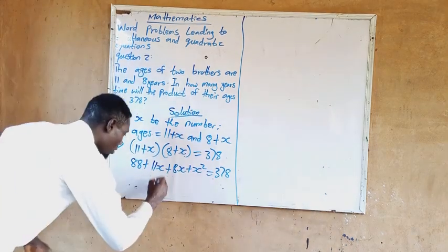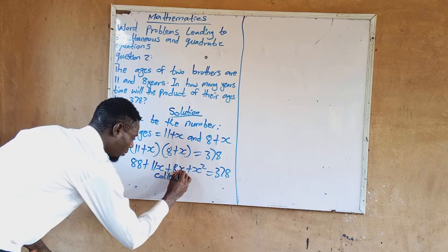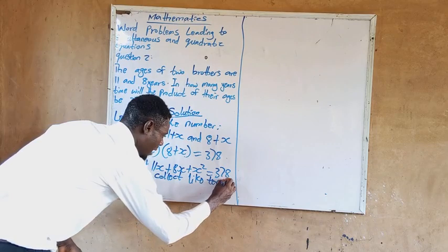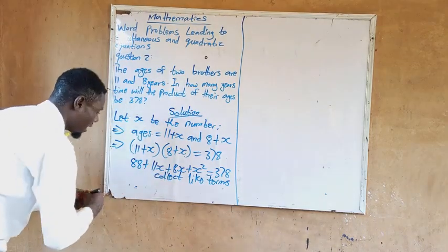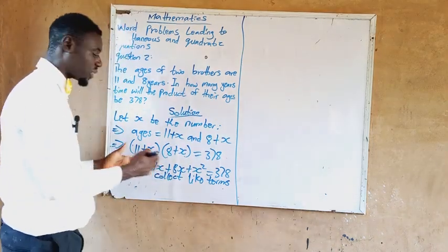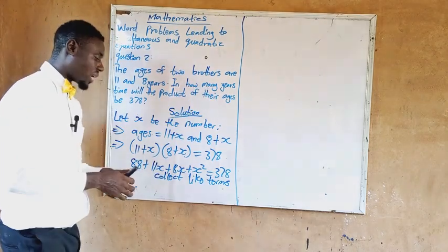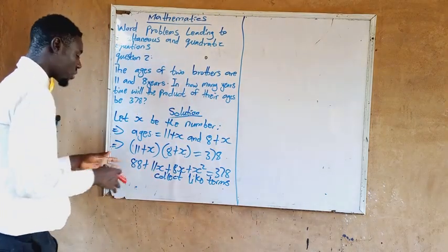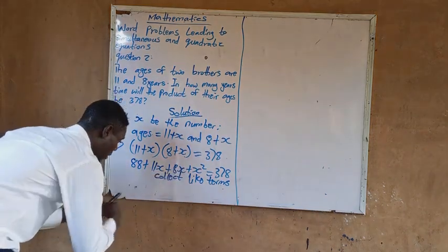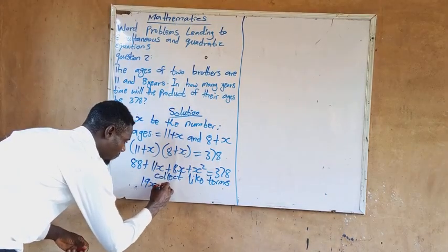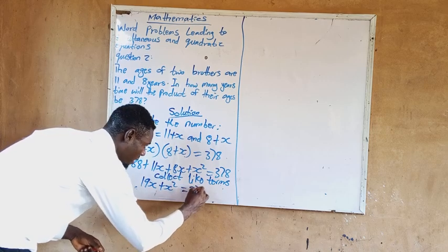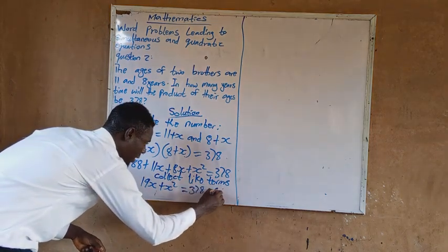So let's collect like terms. This 88 and this 378 are alike because they don't have any variable attached. So this 88 goes to the other side of the equation, which means the sign will change. These two, 11x and 8x, are common, so we have 19x plus x squared equal to 378 minus 88.